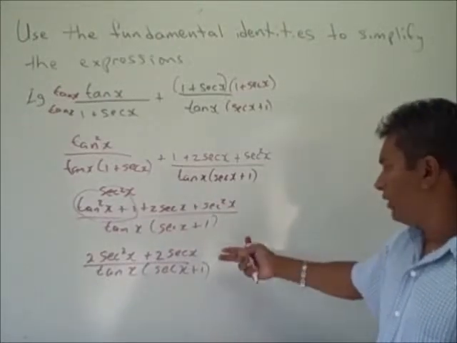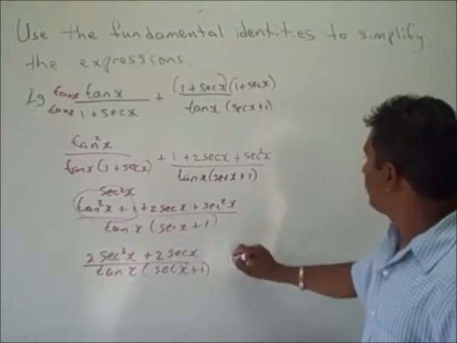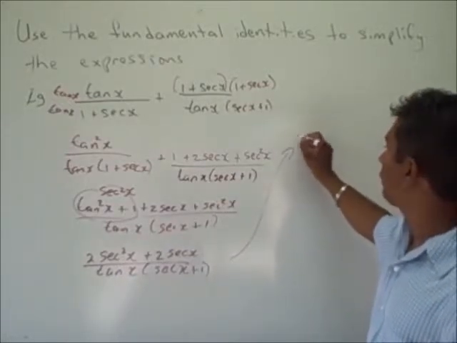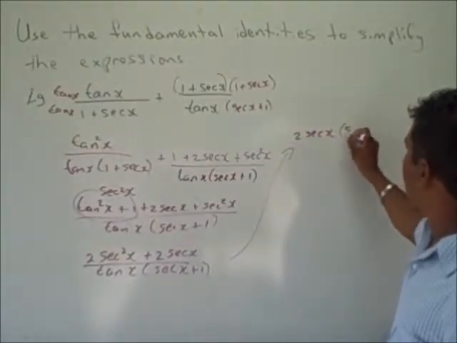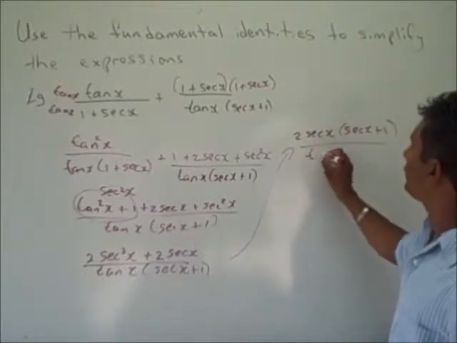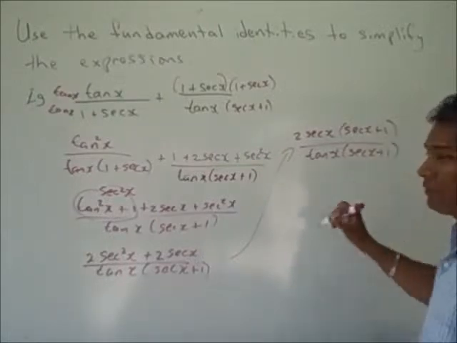Now on the top we can see that we have a GCF of 2 secant x. If we factor out our GCF, we have 2 secant x times secant x plus 1 all over tan x times secant x plus 1.